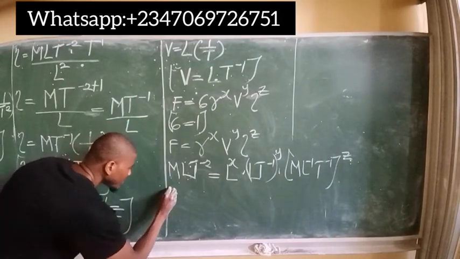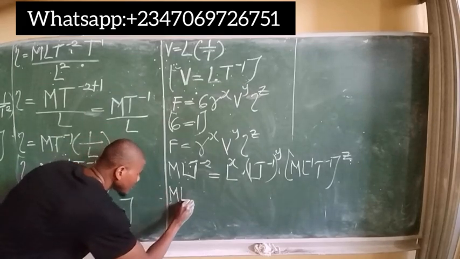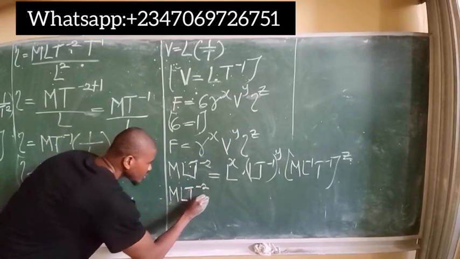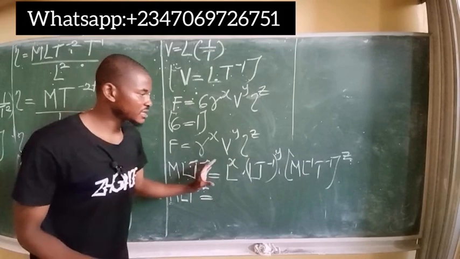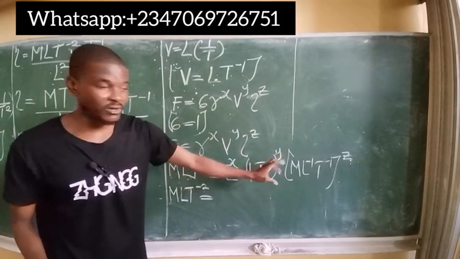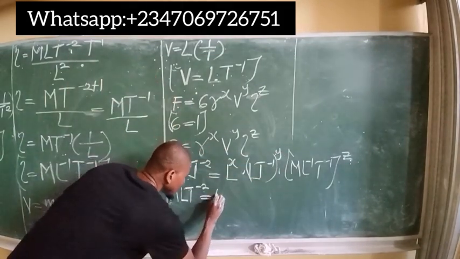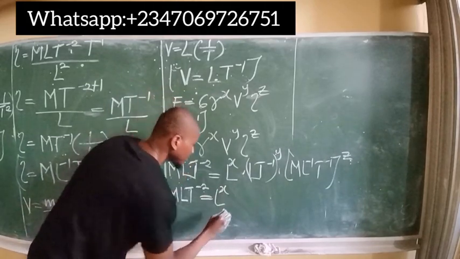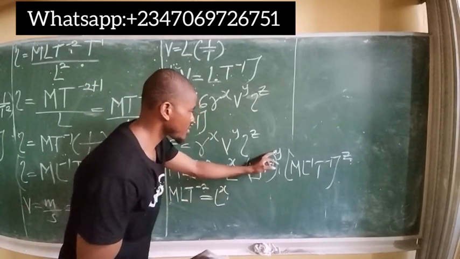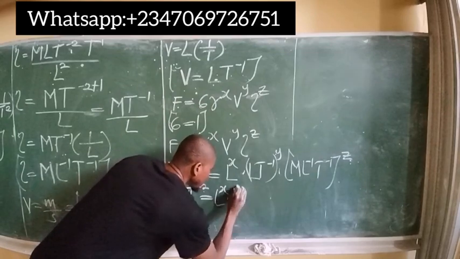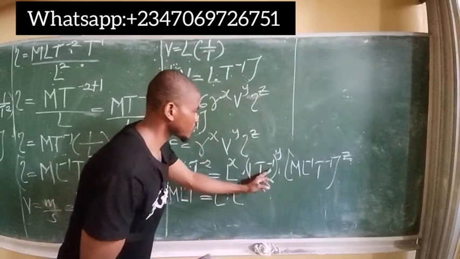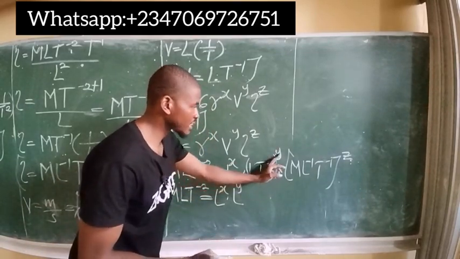So bringing this down now, we have M L T to the power of minus 2 is now equal to, next is to expand the brackets with their given powers. So we have here L to the power of x, times L to the power of y. T minus 1 to the power of y will now simply give us minus 1 times y.